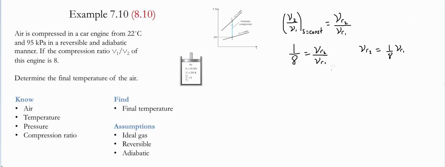And then we're able to find, therefore, that the relative specific volume at 2 is equal to 1/8 of the value that we obtain from the table, which is equal to 647.9, and we find that the relative value of the specific volume is equal to 80.99.